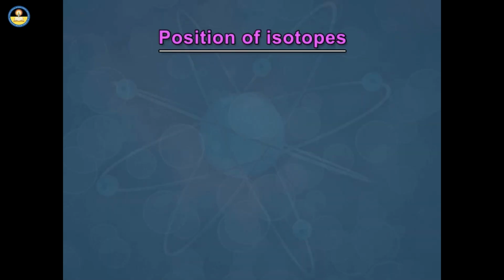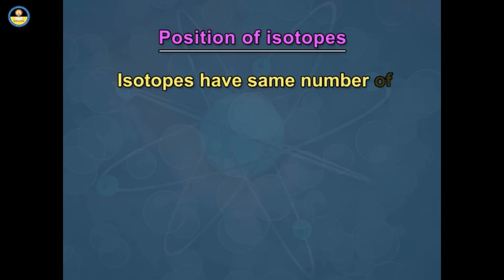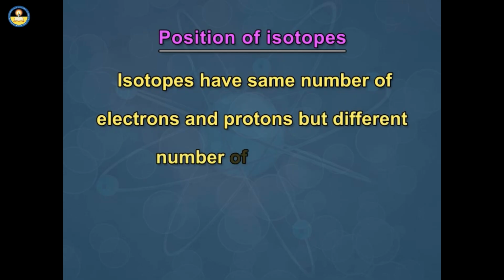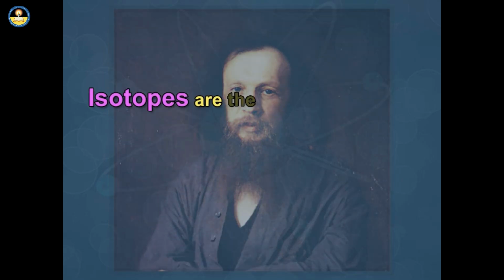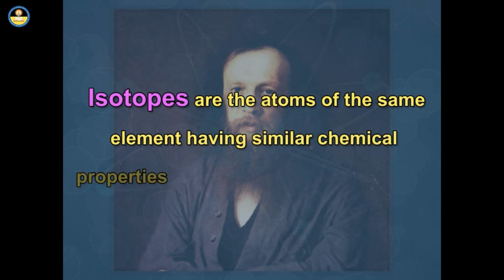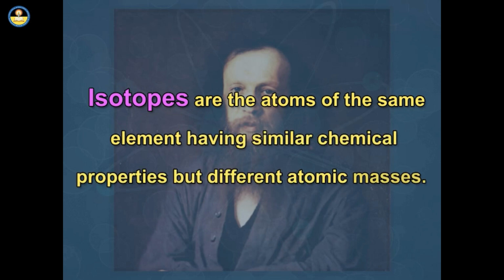Position of isotopes. Isotopes have the same number of electrons and protons but different number of neutrons. Isotopes were discovered long after Mendeleev gave his periodic table. Isotopes are the atoms of the same element having similar chemical properties but different atomic masses.